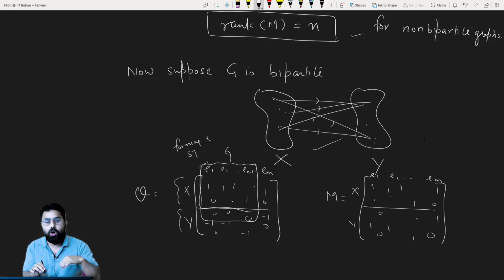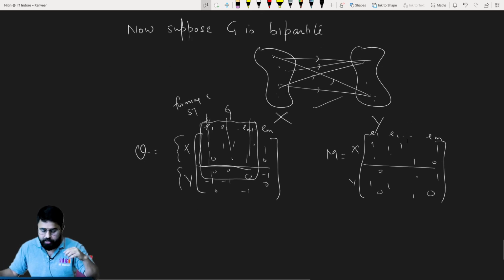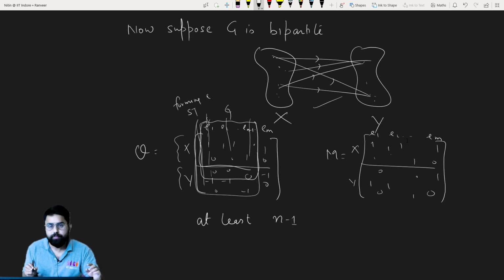Basically all these columns or chosen rows will be linearly independent. So whatever n-1 cross n-1 matrix you choose, the rank will be n-1. That means all these columns are linearly independent, so the rank of this part will be at least n-1.